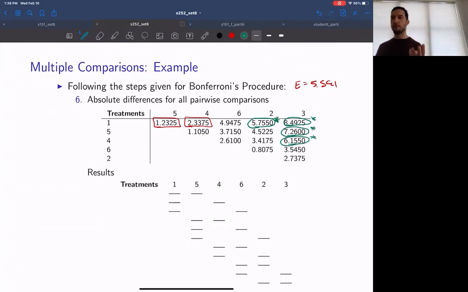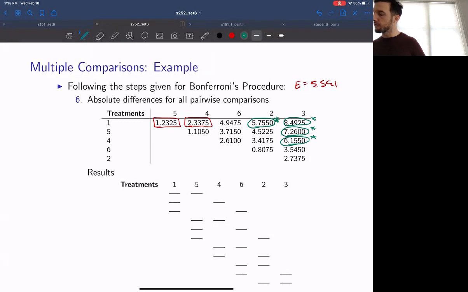Okay, so there are 4 pairs of means that are significantly different from one another at the 5% significance level. We can show that alpha 1 versus alpha 2 is significantly different. Alpha 1 versus alpha 3 is significantly different. Alpha 5 versus alpha 3 is significantly different.